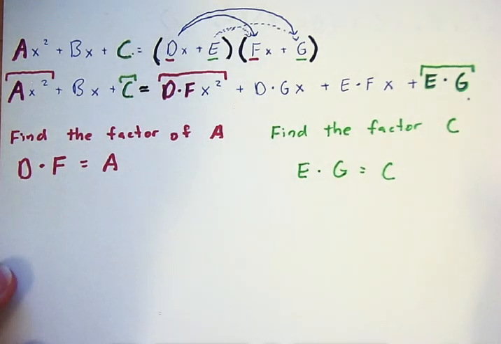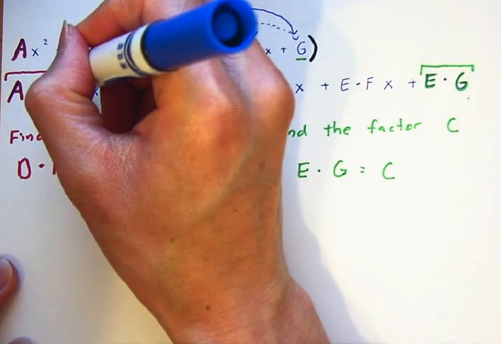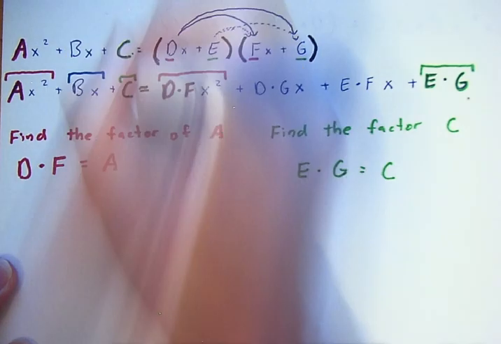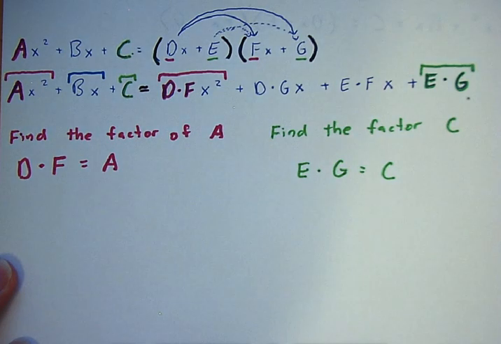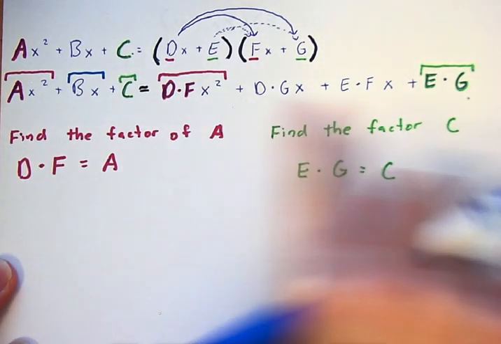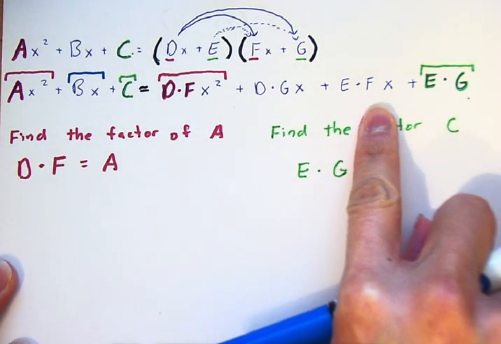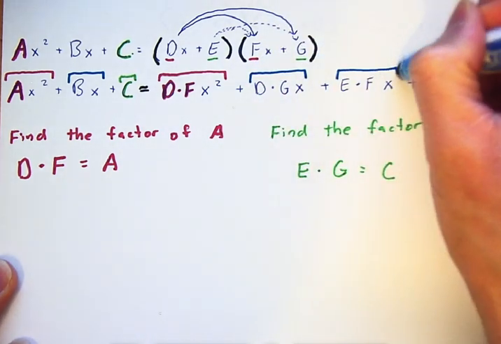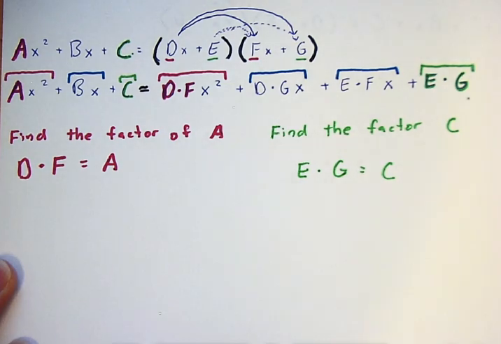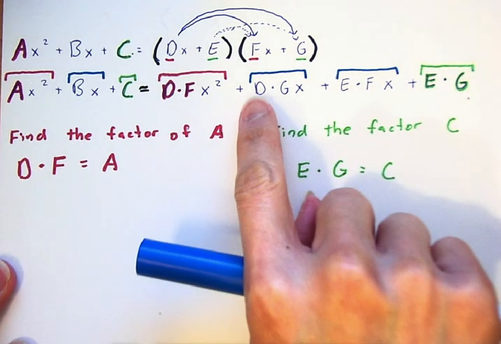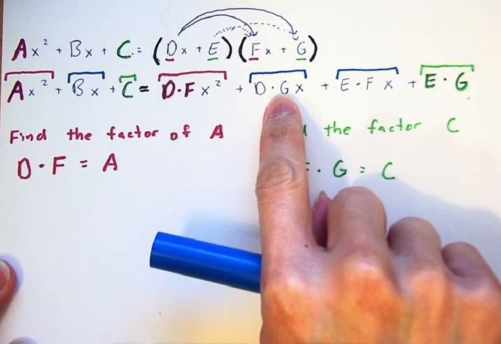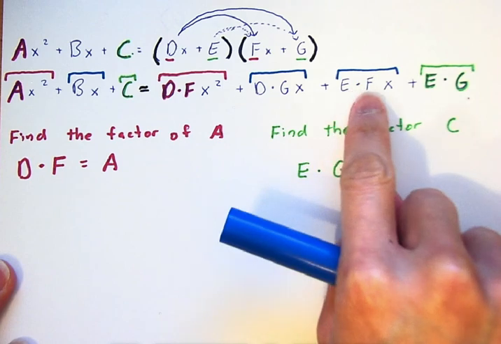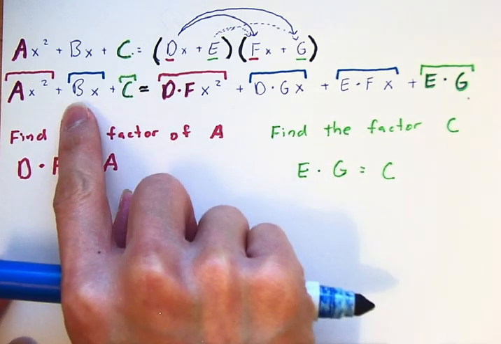And finally, I know that here on the left, that bx is the only degree 1 term. On my right-hand side, there are two terms that are degree 1. This one and this one.